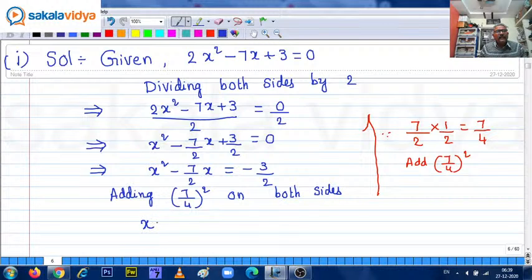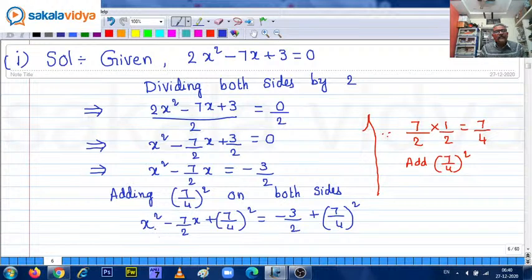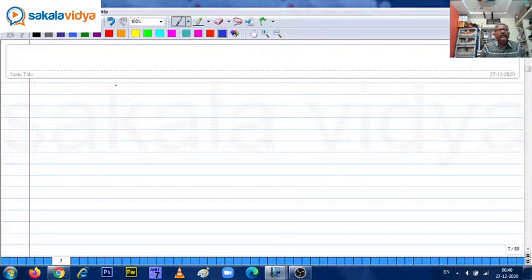So this can be written like this: x square minus 7 by 2 x plus 7 by 4 whole square equals minus 3 upon 2 plus 7 by 4 whole square. See, left hand side is in the form of a square minus 2ab plus b square, where a means x, b means 7 by 4. It is nothing but a minus b whole square. So we can write x minus 7 by 4 whole square, directly without any hesitation.